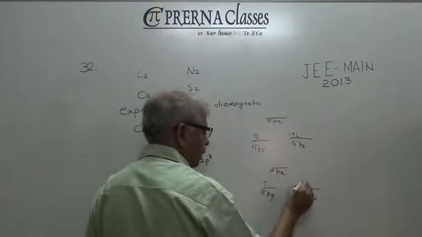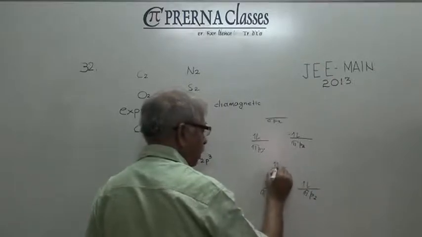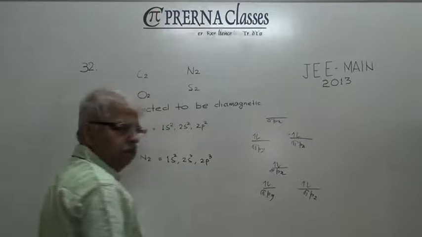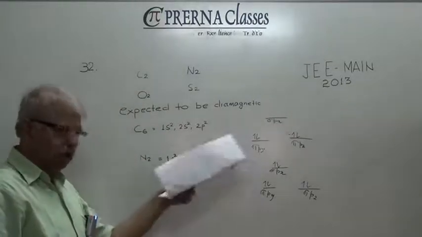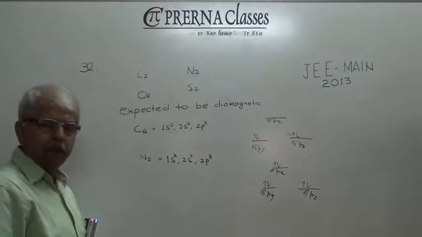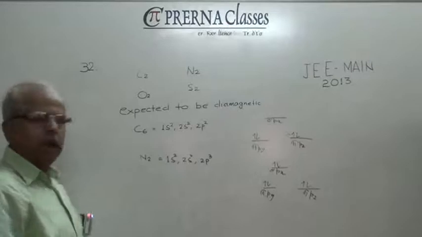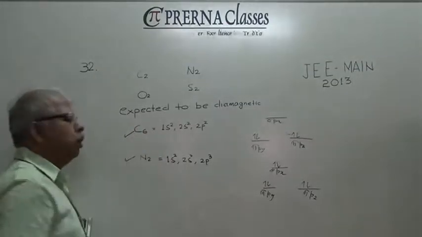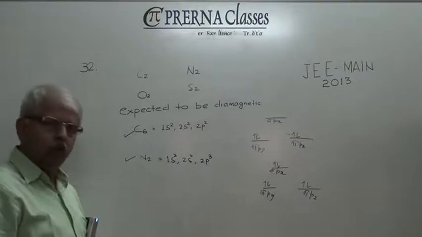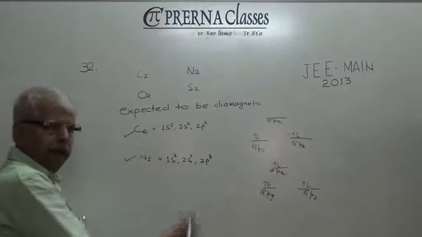The 6 electrons can be arranged in this way. Again, all the orbitals are paired up, you don't have any unpaired electron, hence nitrogen is also a correct answer. So both the answers are correct. It could be C2, it could be N2.